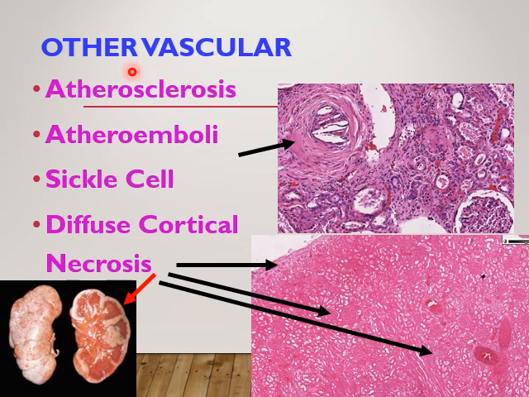So moving on to the other vascular lesions, which are not that important, but should be known. One is atherosclerosis, that is, atherosclerotic ischemic renal disease. What is this disease? This type of renal disease is most common among older individuals who are at a higher risk of having atheromatous plaque.